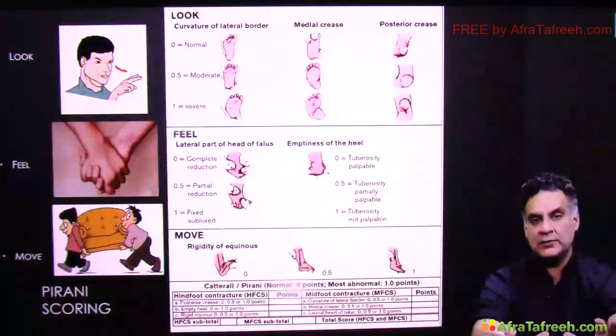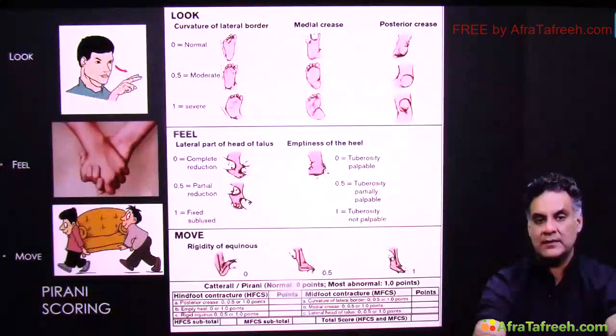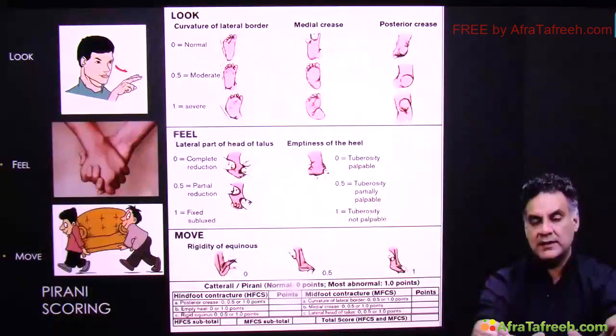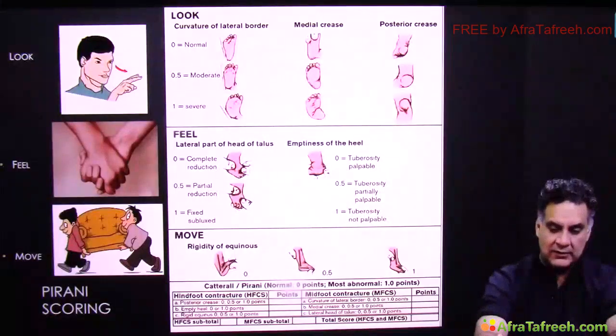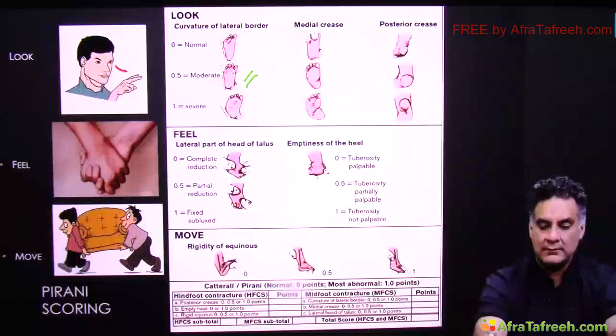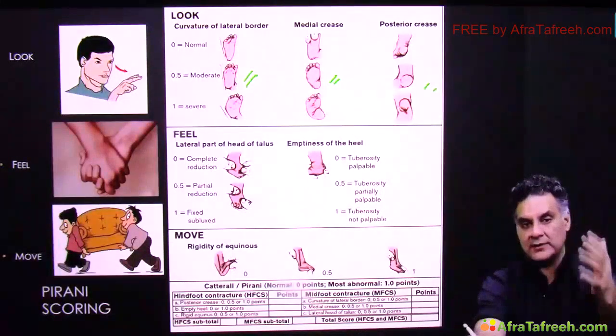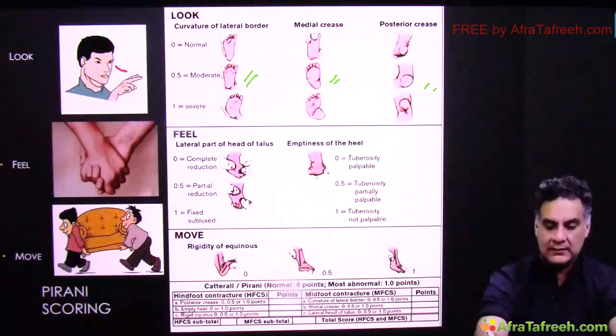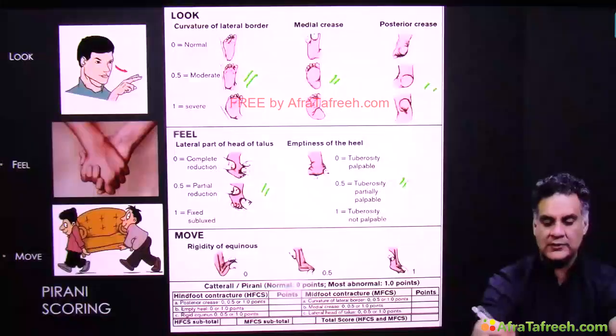There is a Pirani scoring for CTV in which PIR, A and I. You have a total of 6 features. Look for the curvature of the lateral border, medial crease, or a posterior crease. This you identify by looking. Feel for the head of talus or the heel joint.